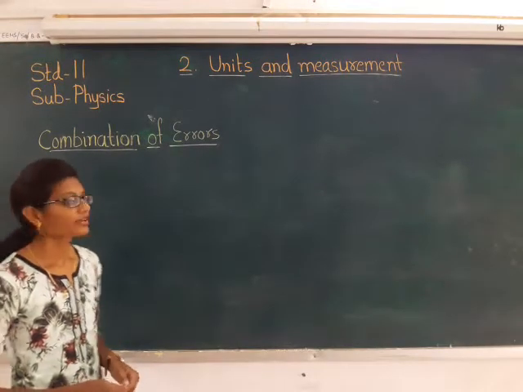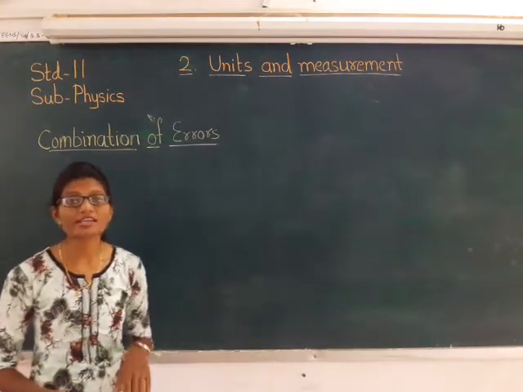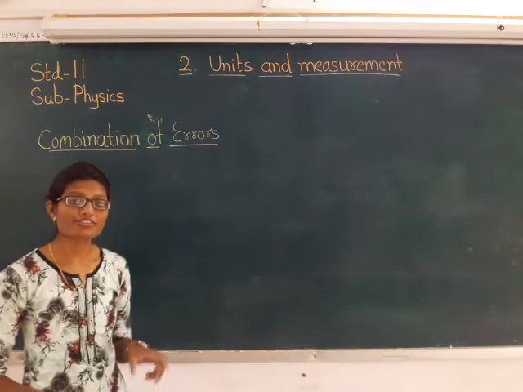Now let us see, when two quantities are divided, what sort of combination of error we will be getting.